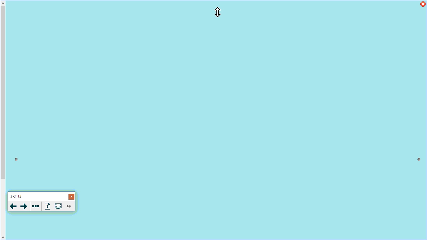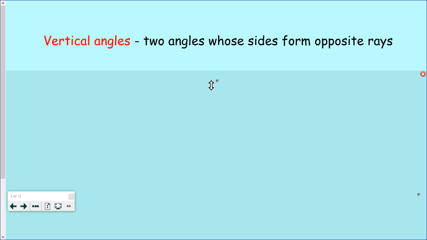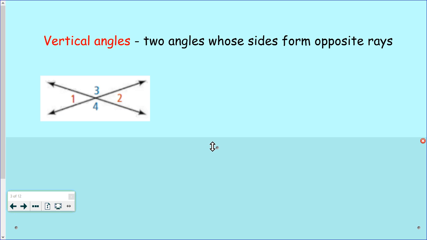Another type of angle that is helpful are vertical angles. Vertical angles are pretty common. There are two angles whose sides form opposite rays. In this diagram, there are two sets of vertical angles, angle 1 and angle 2.